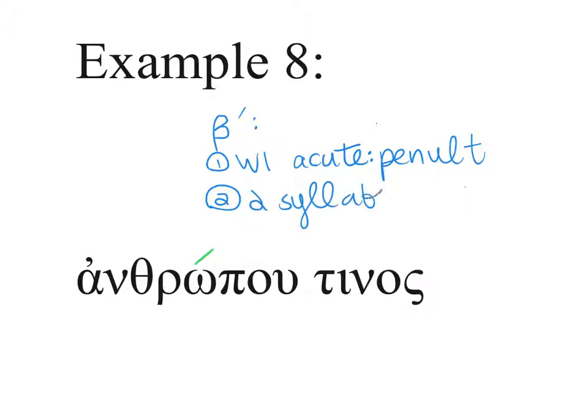If both of those things are the case, then word 2, the enclitic, gets an accent on the ultima. In our word 1, there is an acute on the penult, and in our enclitic, we have 2 syllables. So, what do you know? We get an accent on the ultima of the enclitic. Great news.